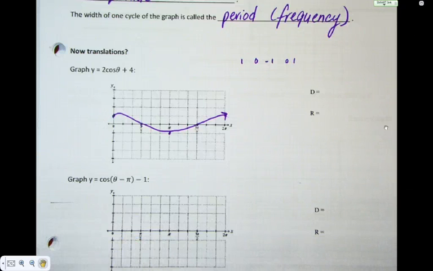Okay, describe the transformations. So go ahead and write down what the 2 and the 4 are.